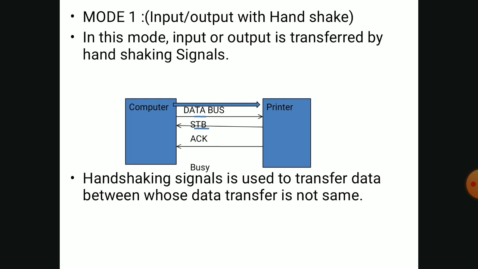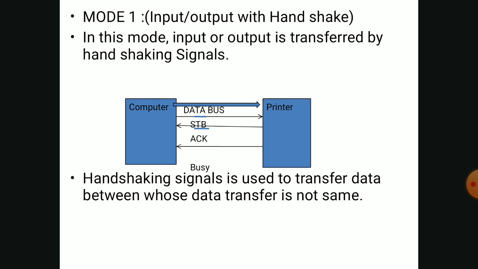So only when the printer is ready to accept the information does the computer need to send it. Only when the printer is ready can your computer start sending information. That readiness of the printer is indicated by signals called handshaking signals. So for that purpose we use the handshaking signals.